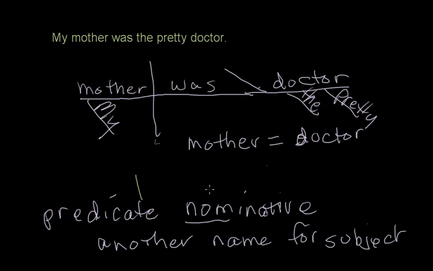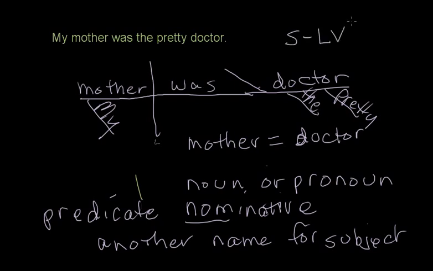It can be a noun or a pronoun, and I'll explain more on that later. This is then the subject linking verb predicate nominative sentence pattern. And at this point, I want you to go straight to part 2 because we are not finished adding new information here.